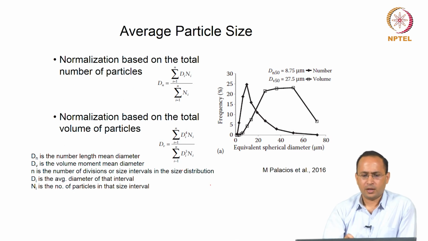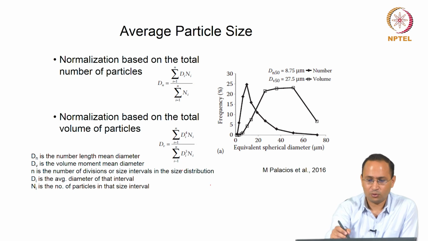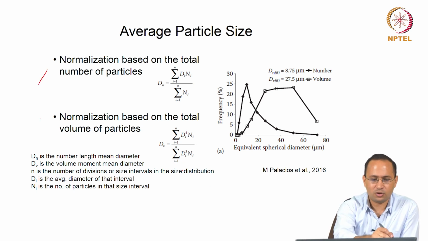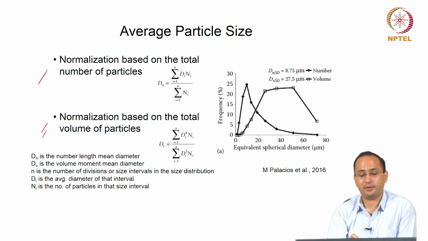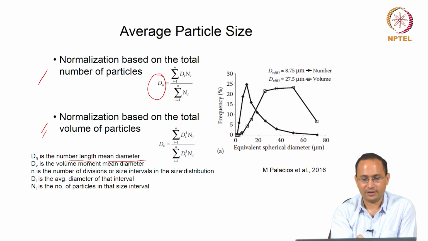So, we can do this normalization based on total number of particles also. We are talking about the commonly used normalization for average particle size. One is based on number of particles. Define dn, for an example, the number length mean diameter: summation of di ni over summation of ni, where di is the average diameter in that interval.